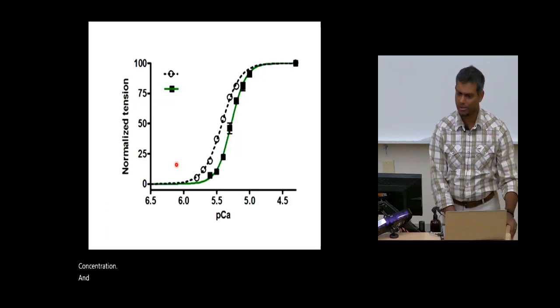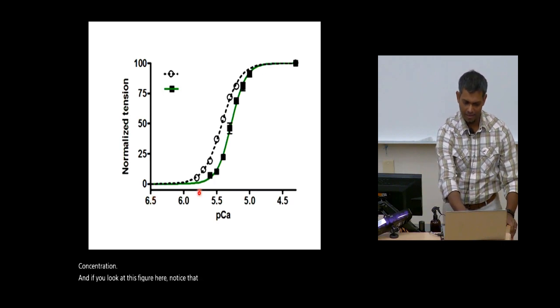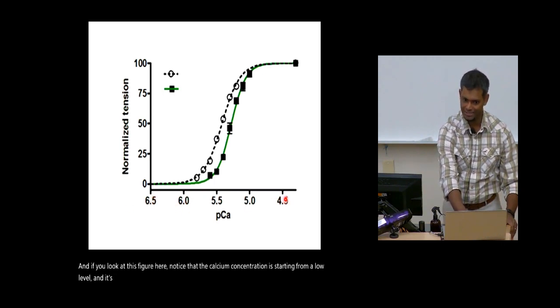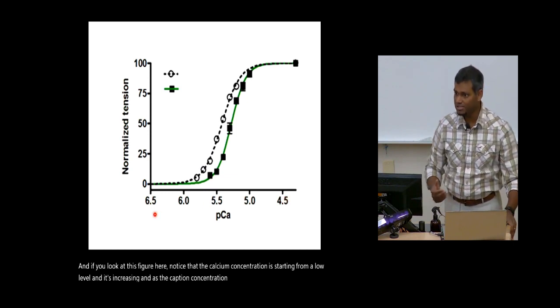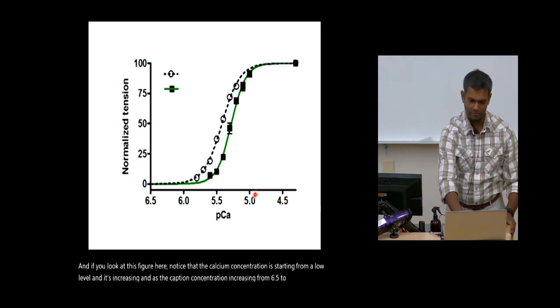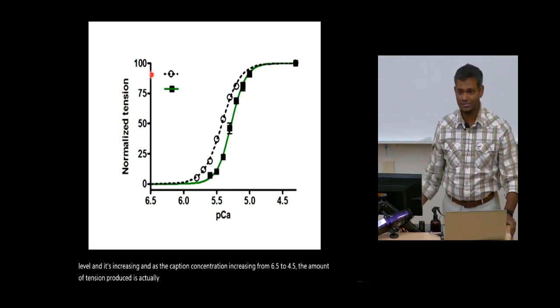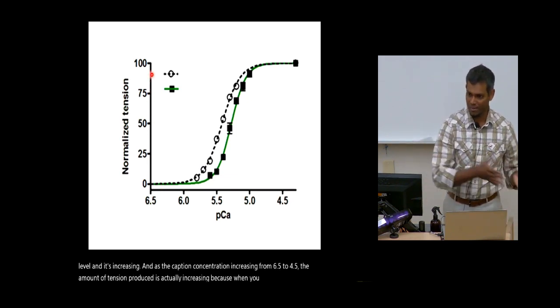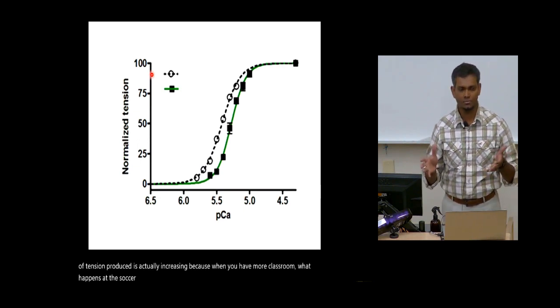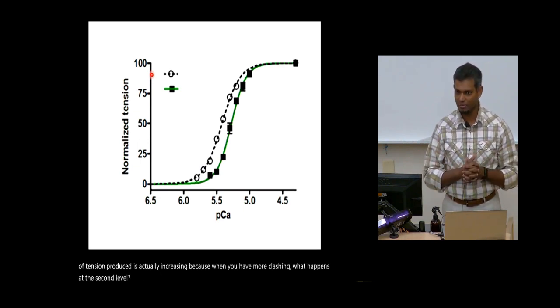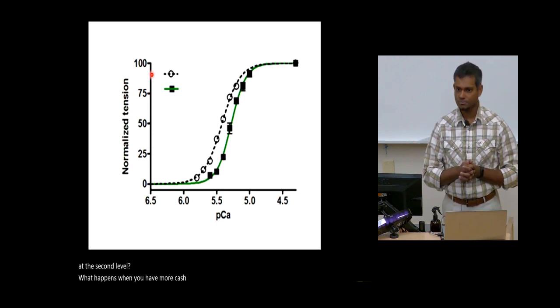And if you look at this figure here, notice that the calcium concentration is starting from a low level and it's increasing. And as the calcium concentration is increasing from 6.5 to 4.5, the amount of tension produced is actually increasing, because when you have more calcium, what happens at the sarcomere level? What happens when you have more calcium present? Yeah, what is it?